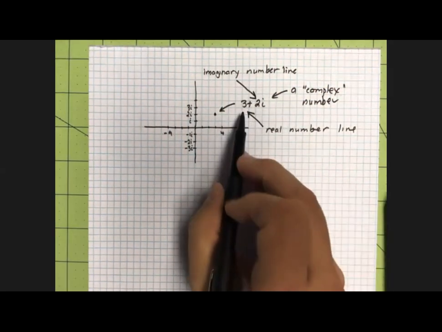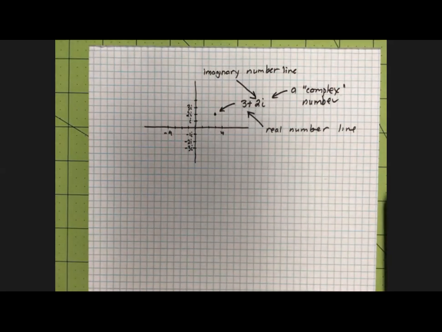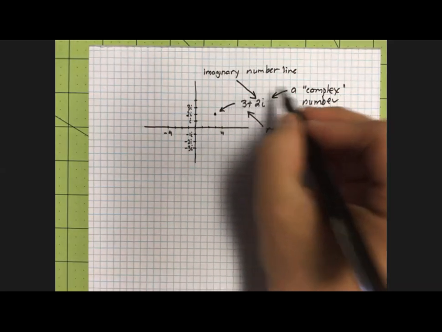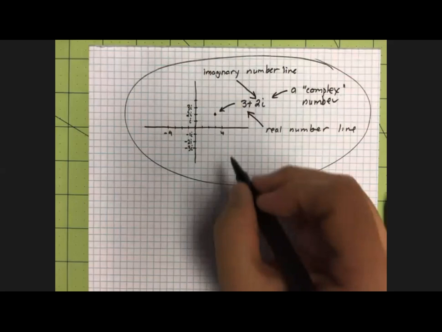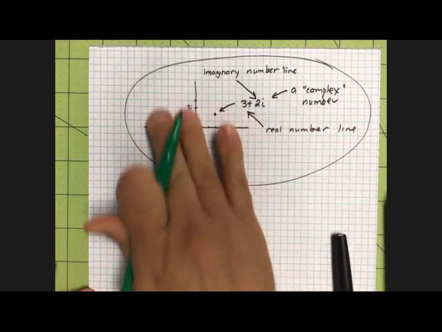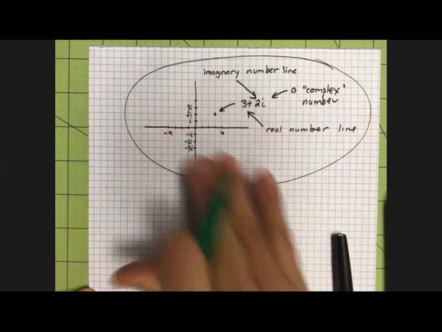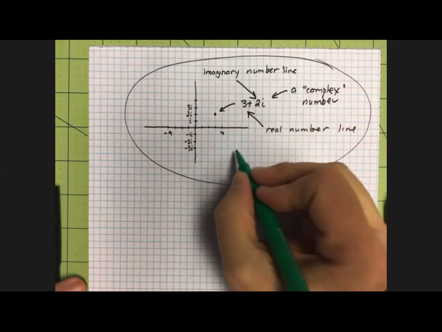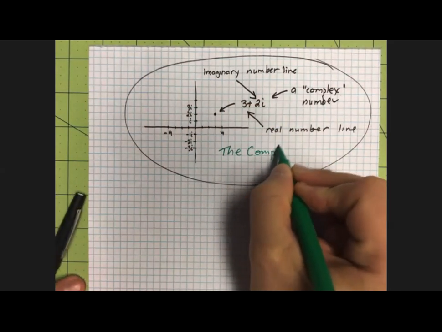The real part is the 3, the imaginary part is the 2. And this is going to be my new number system. This whole plane of numbers is called the complex numbers.